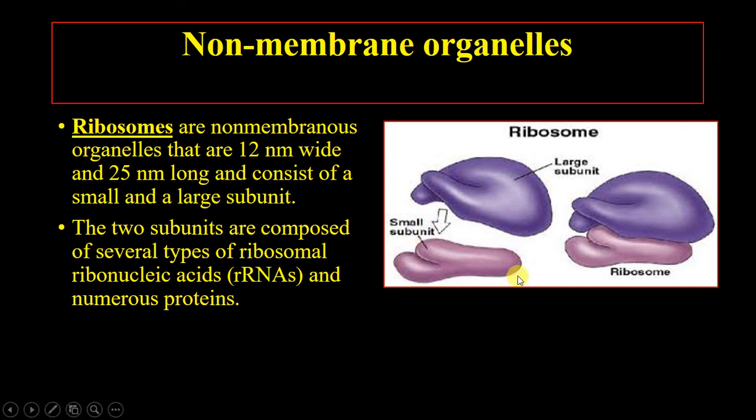So look at the picture, small and large subunits of the ribosomes. The two subunits are composed of several types of ribosomal ribonucleic acids, or RNAs, and numerous proteins.